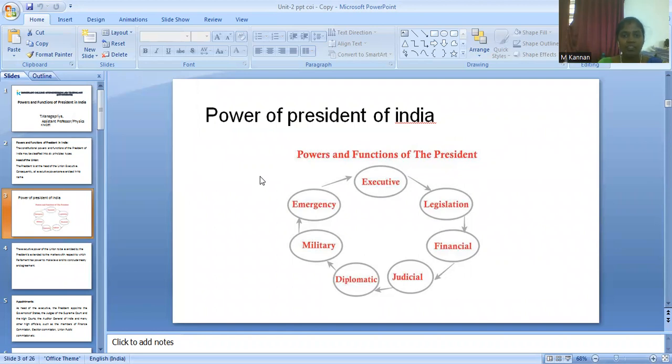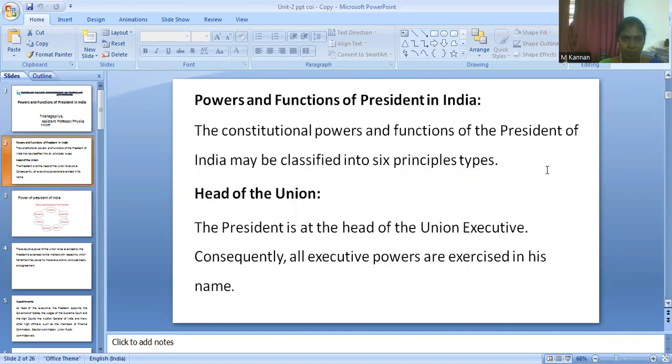As the head of India, he can make rules according to his wishes. Regarding the executive powers and functions of the President of India, it is mainly classified into six principal types. First, head of the union.